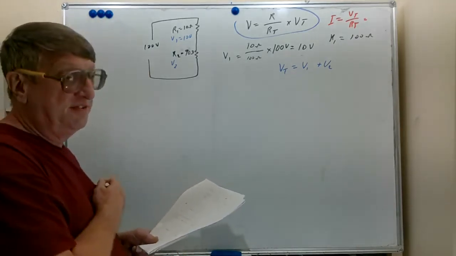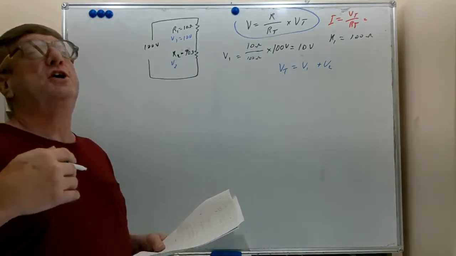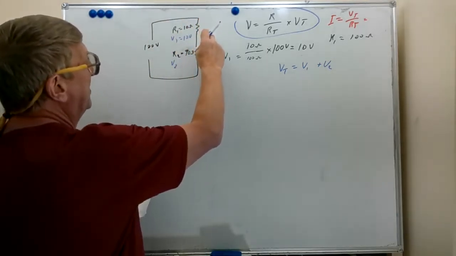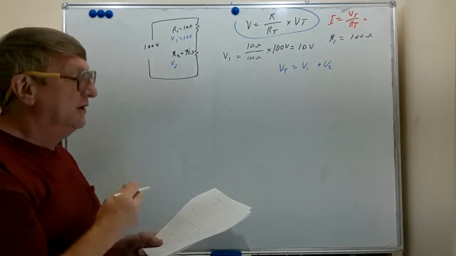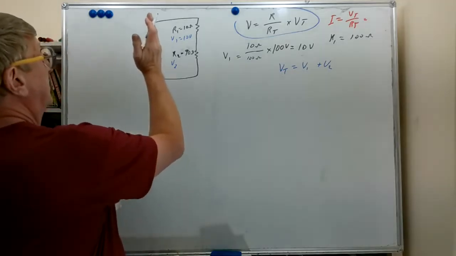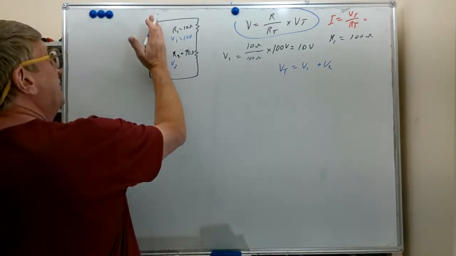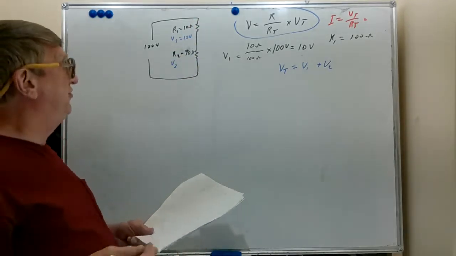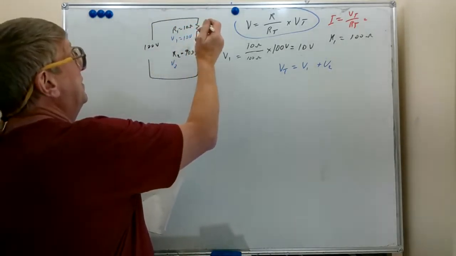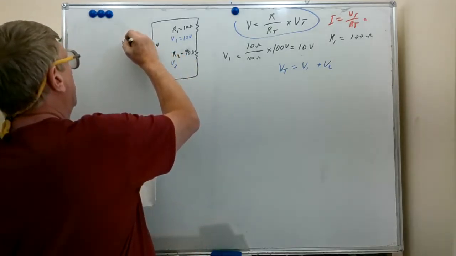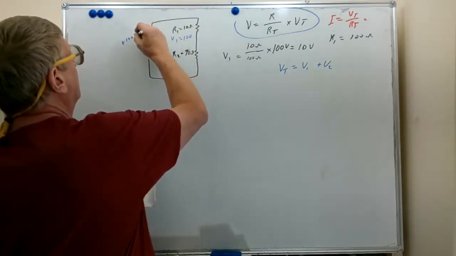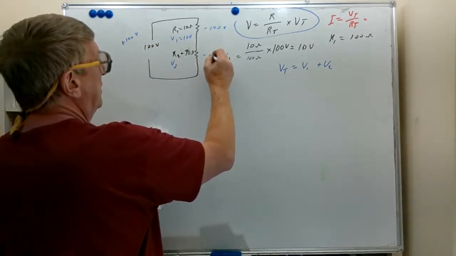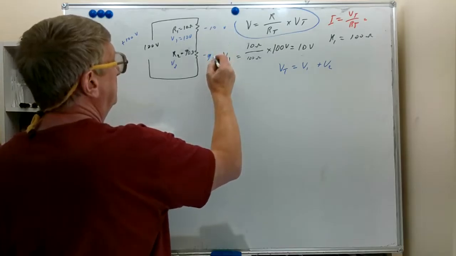Or sometimes they say that the voltage around a loop adds to 0, and basically we'd say this was plus 100, this was minus 10, this is minus 90, and you get back to 0. But the magnitude of these voltages is the same as the magnitude of those voltages. If we want to go with the add to 0, we have to consider plus 100 volts, minus 10 volts, minus 90 volts.